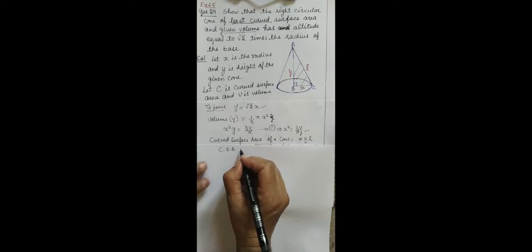Now let me find the function of curved surface area. Now the curved surface area of a cone is pi r L. I am writing it in short CSA. Now the curved surface area will be written with radius x. Now the slant height can be written as under root x square plus y square, because in this right triangle ABC, L square is equal to x square plus y square.